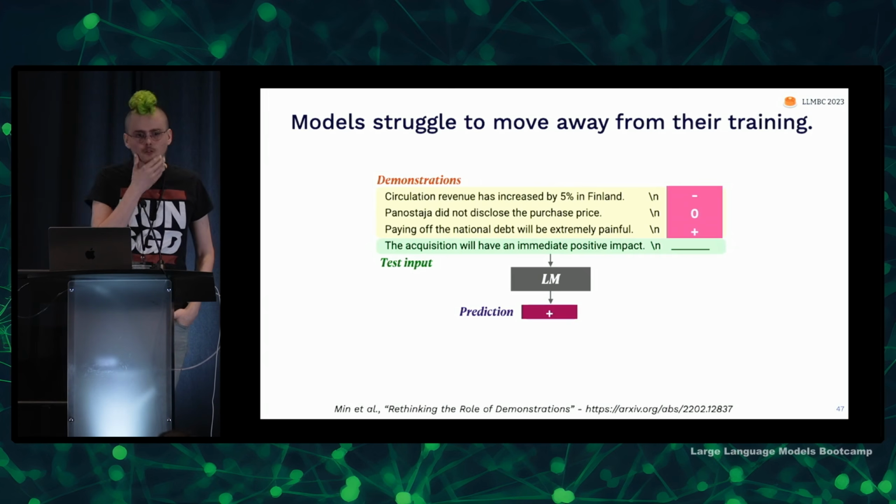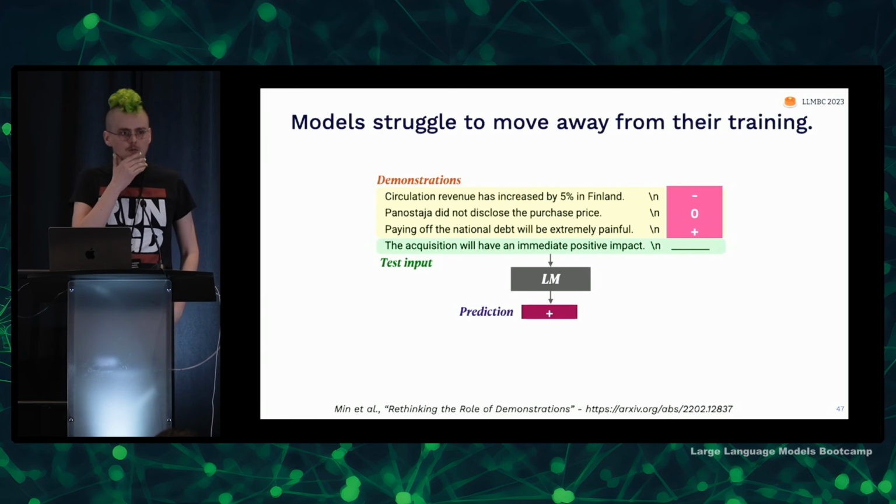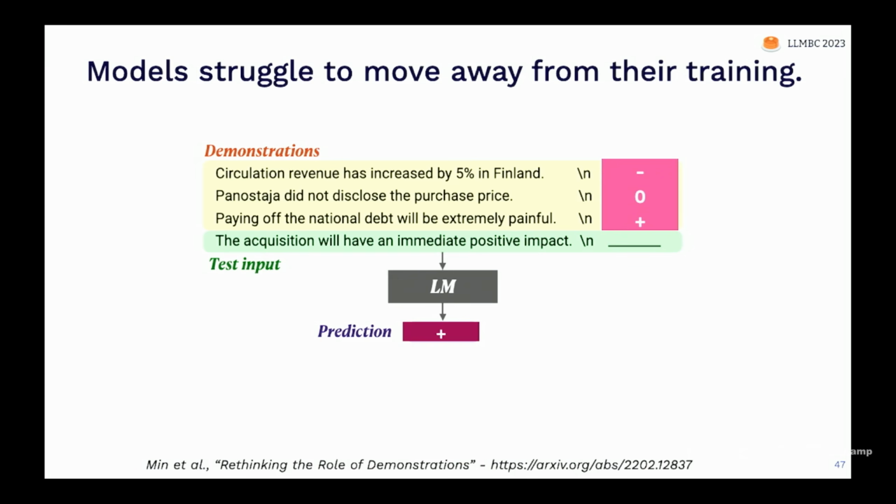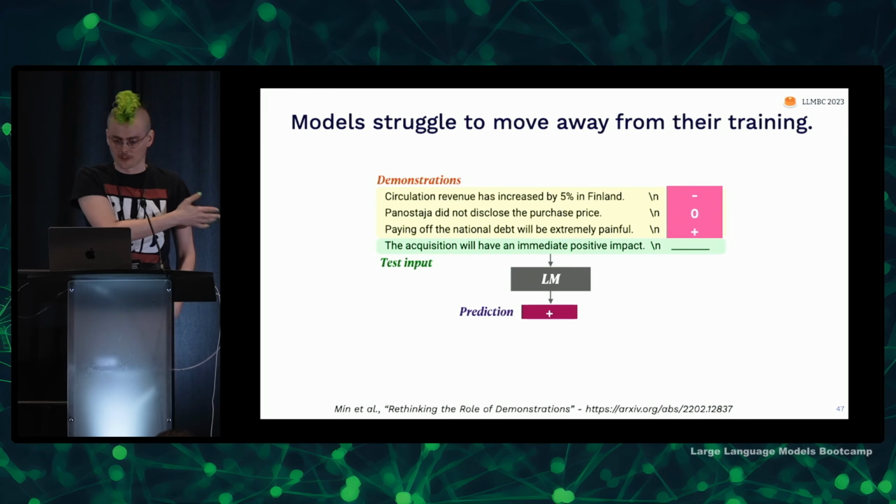And there's a number of negative results on this. Models really struggle to move away from what they learned during their pre-training. For example, you might want to do sentiment analysis with a language model. Say, is this a positive statement, a negative statement, or a neutral statement?